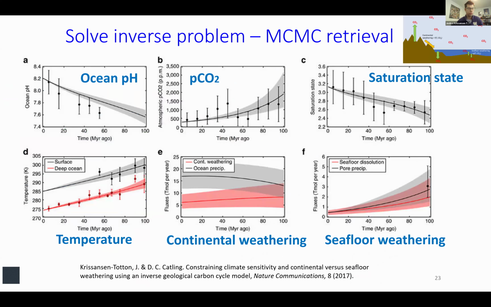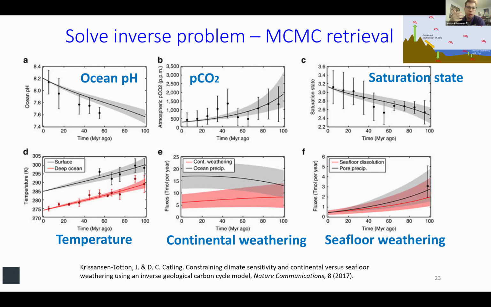So this was the first application of that model, starting just with the last 100 million years of Earth history, a time span over which there's a reasonable amount of data. What we did here was a fit where we said, we don't know a lot of things about how the carbon cycle works. We don't know the temperature dependence of weathering, perhaps.